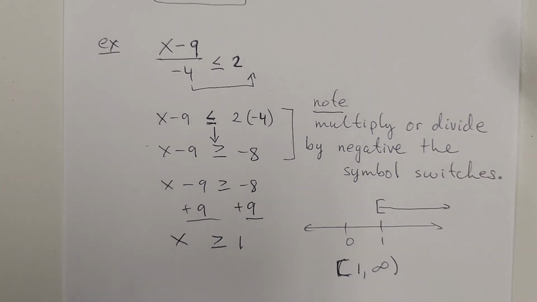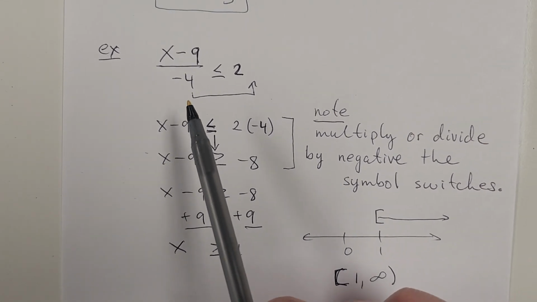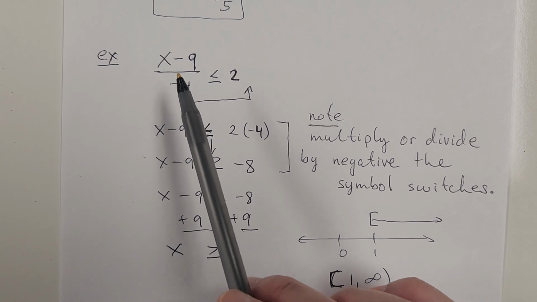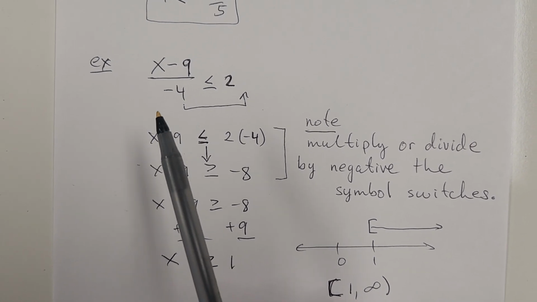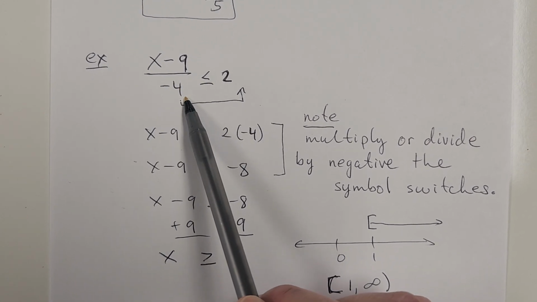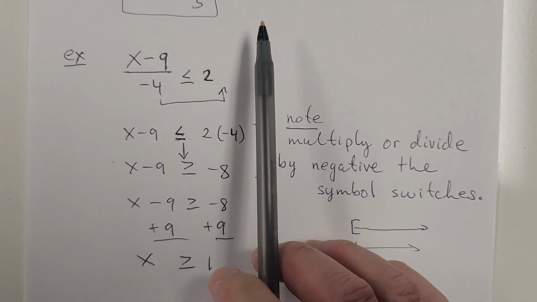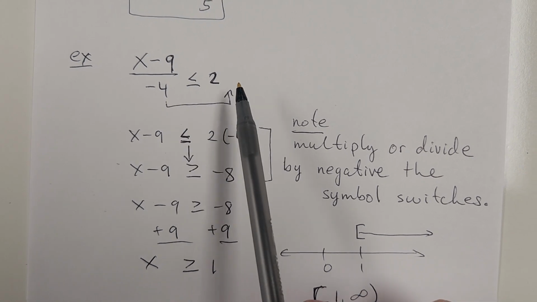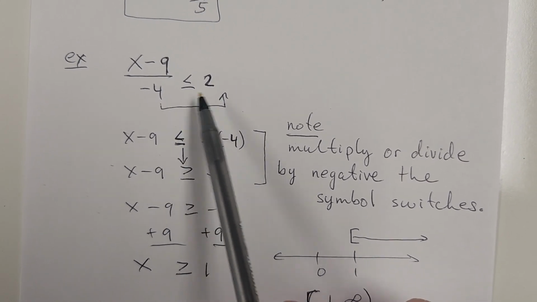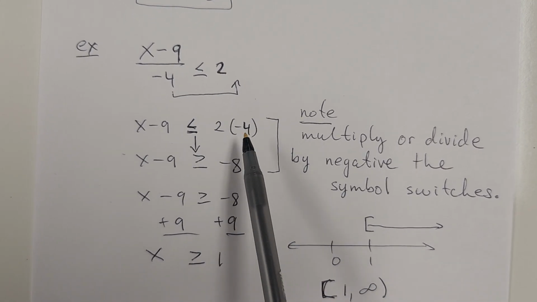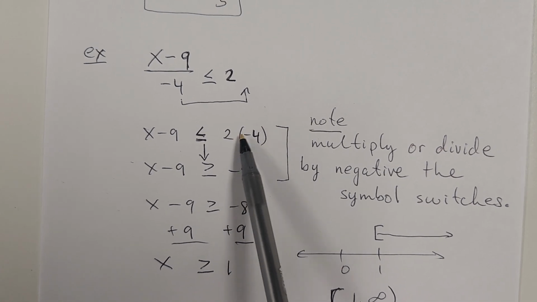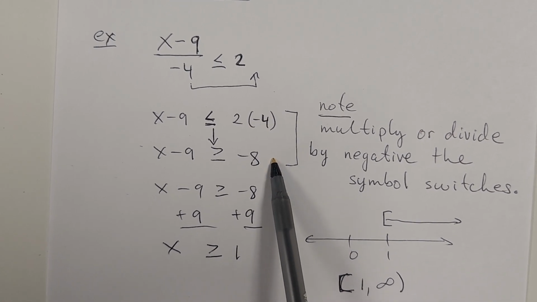Next example. Same thing, but this time I have something extra, though it's the same procedure. Since I have a number in the bottom, I will move it to the other side. When I move this negative 4 to the other side, it becomes multiplication. So 2 times negative 4 gives me negative 8.